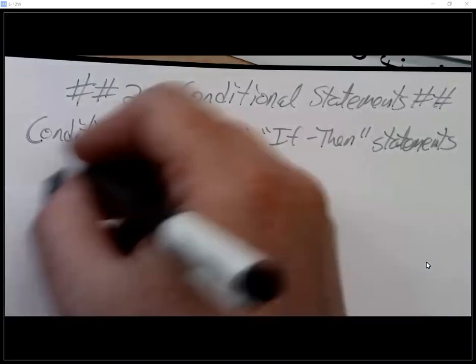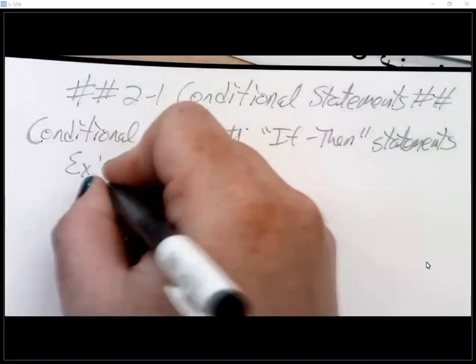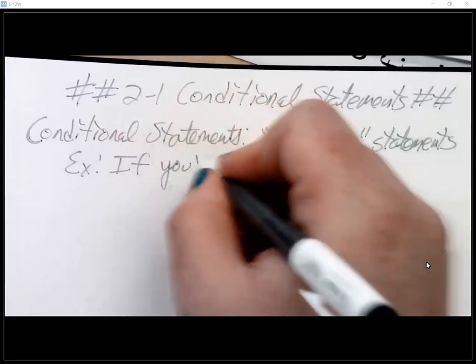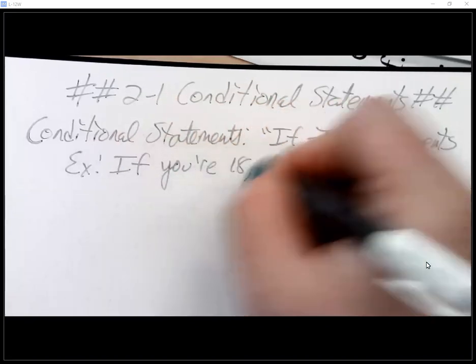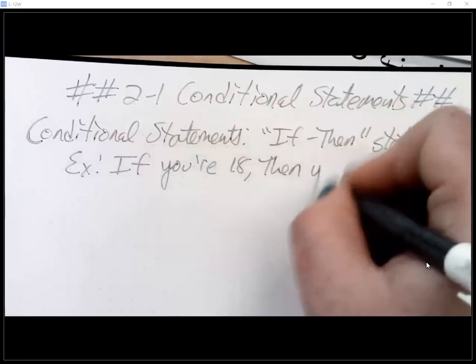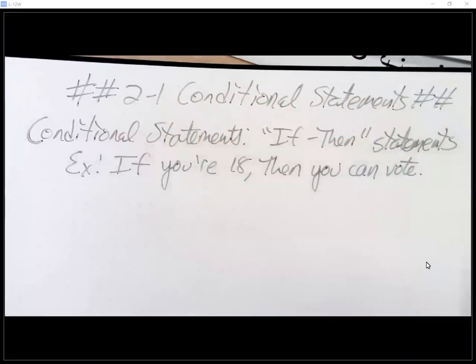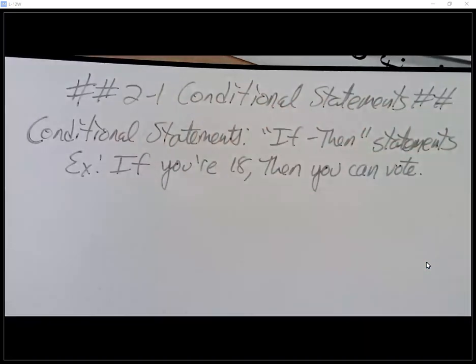So for example, if you're 18, then you can vote. Any statement such as this, it doesn't have to have the words if and then to be considered a conditional statement.